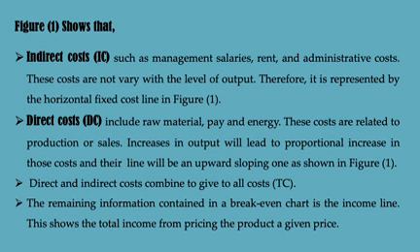Direct and indirect costs combine to give all costs or total costs. The remaining information contained in a break-even chart is the income line. This shows the total income from pricing the product at a given price.